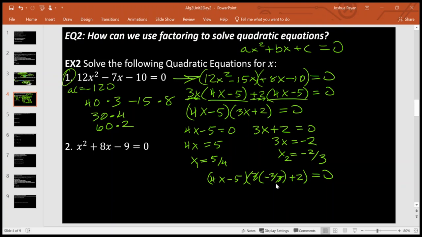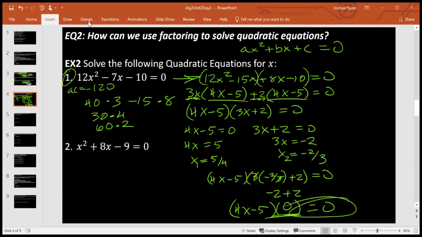So the 3's are going to cancel, leaving me with negative 2 plus 2, which is 0. And 0 times 4x minus 5. Again, it doesn't matter what that 4x minus 5 is going to be. There's no point in me plugging in for this one as well, because multiplying by 0 is still going to give me that 0. Okay, so let's move on.